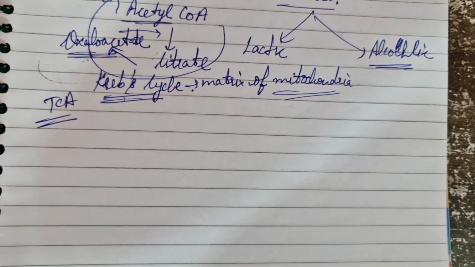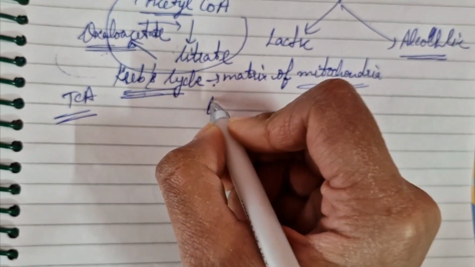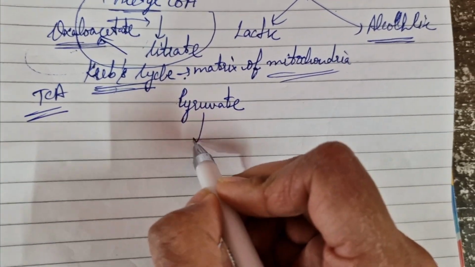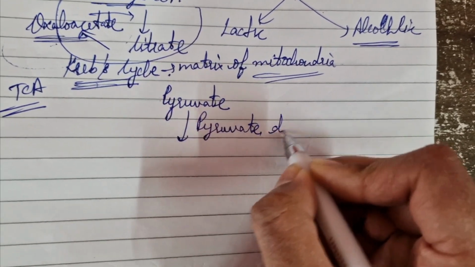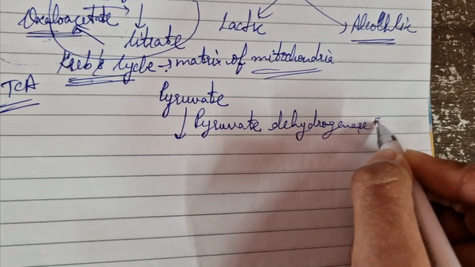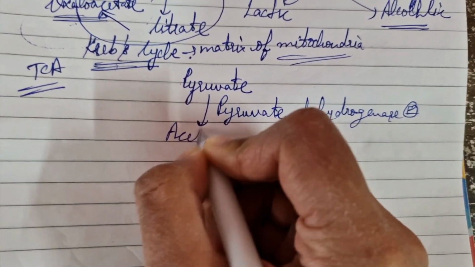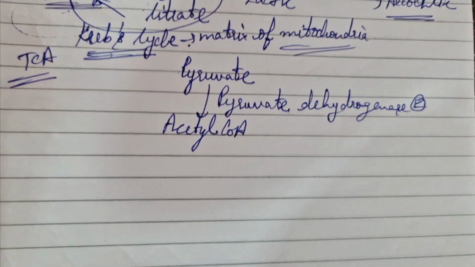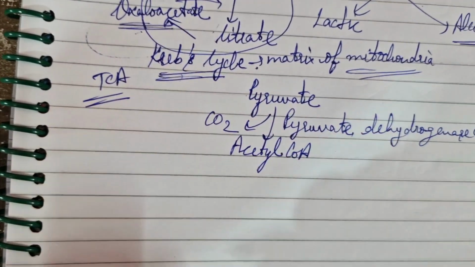In Krebs cycle, pyruvate in the presence of the enzyme pyruvate dehydrogenase gets converted into acetyl coenzyme A with the evolvement of one CO2 molecule.